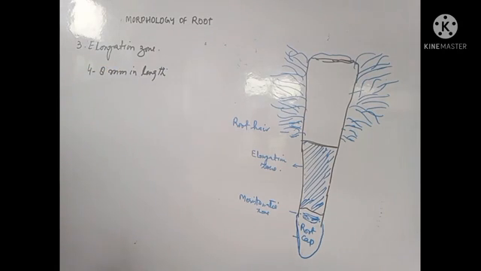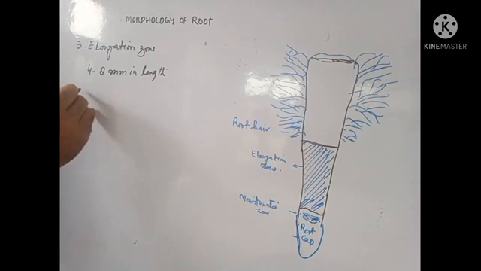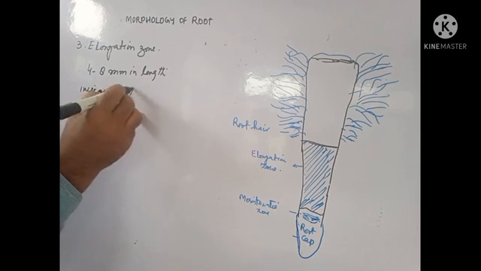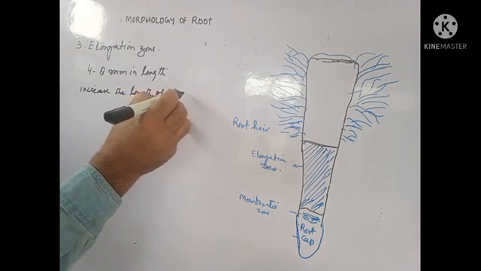The cells in this zone are newly formed cells which elongate rapidly and they increase the length of the root.